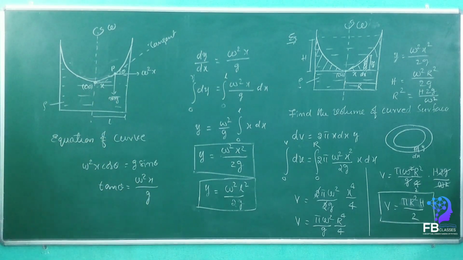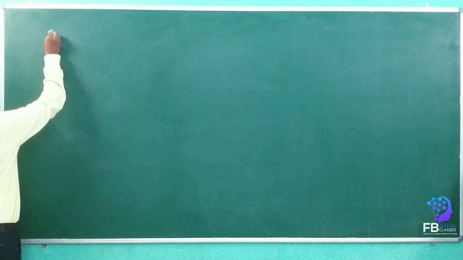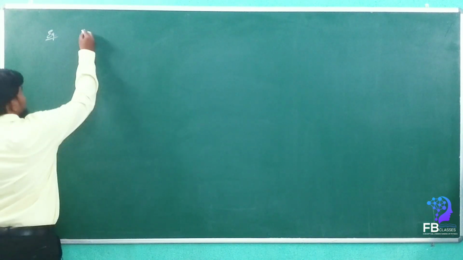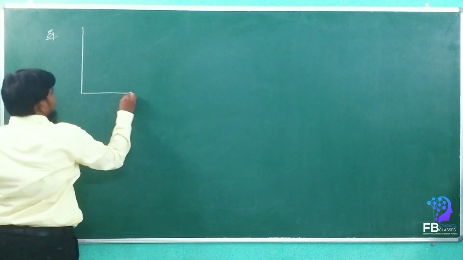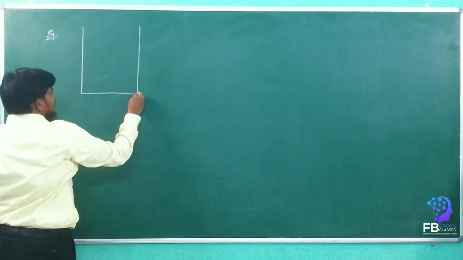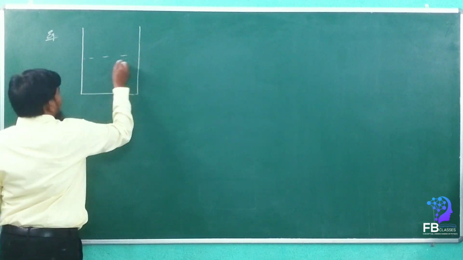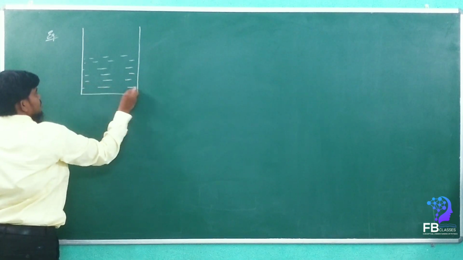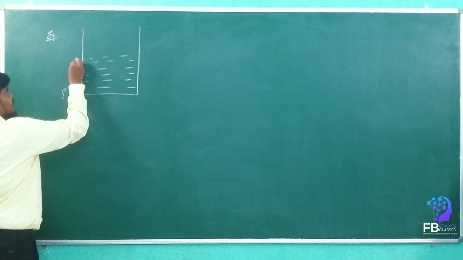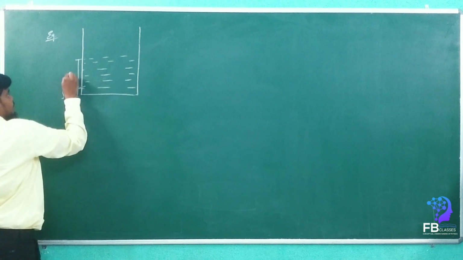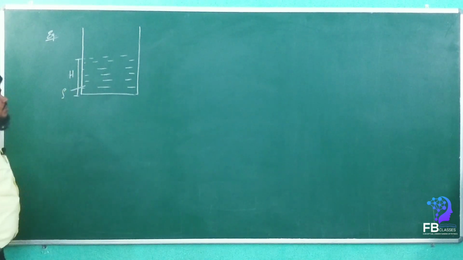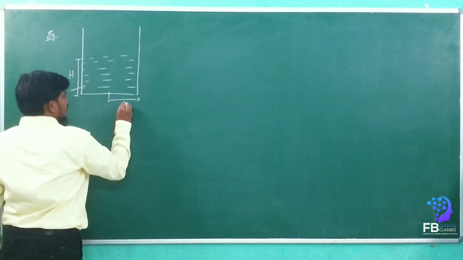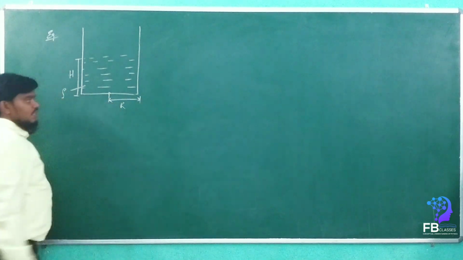Okay, we can take the example problem which was asked in the JEE Mains examination. What he asked: there is a cylinder with a liquid whose density is rho and height is h, and let the radius of this cylinder be r. R is given.